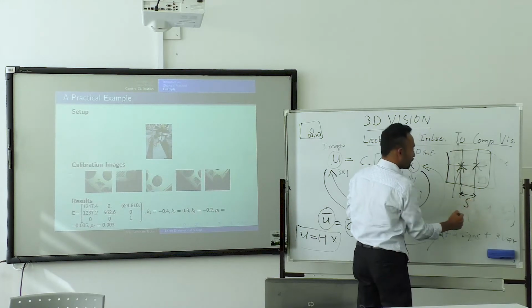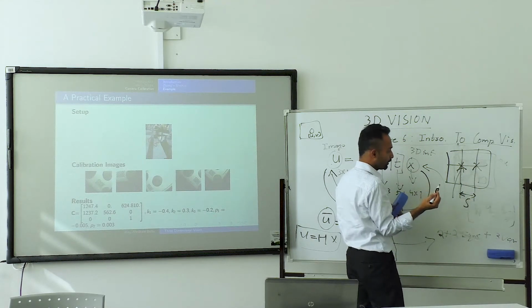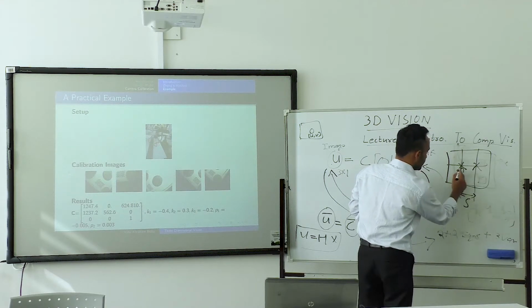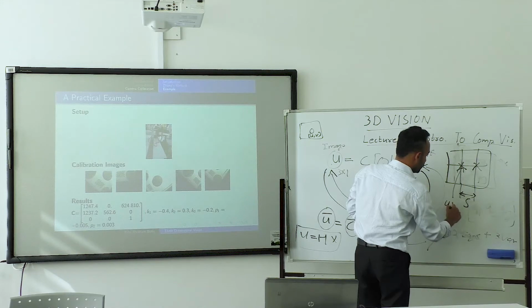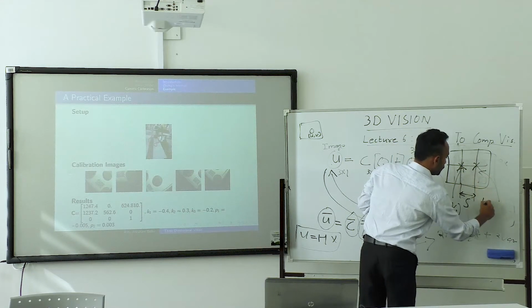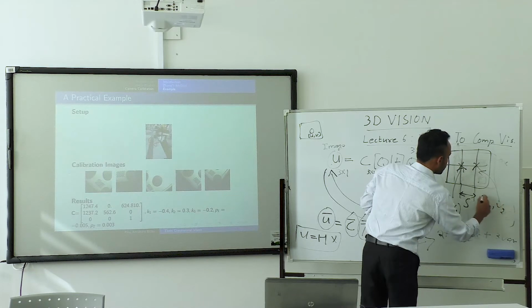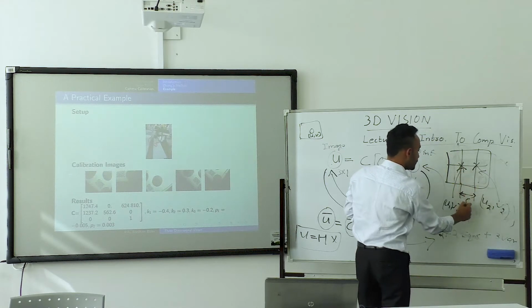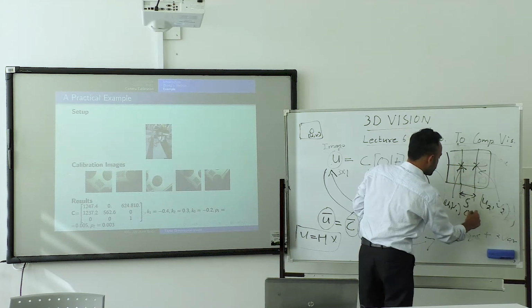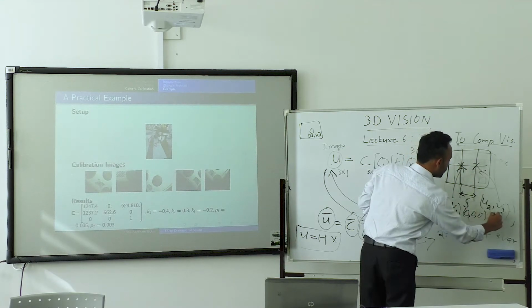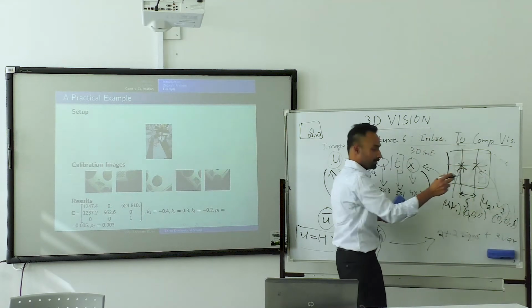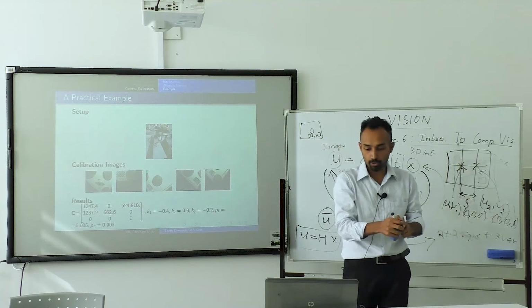This is constant for the whole checkerboard pattern, and you also obtain the image coordinates u1, v1 for this particular point and u2, v2 for the next point. Using these values, if you consider this as origin, this will be 0, 0, 0, and the next point will be 0, 0, S. Likewise, you can determine the 3D coordinates of all the points.